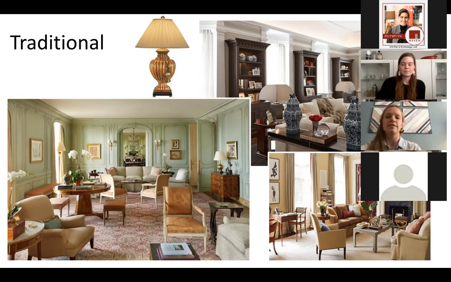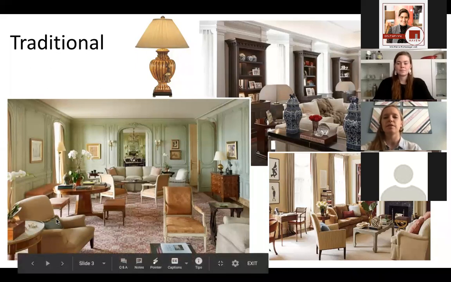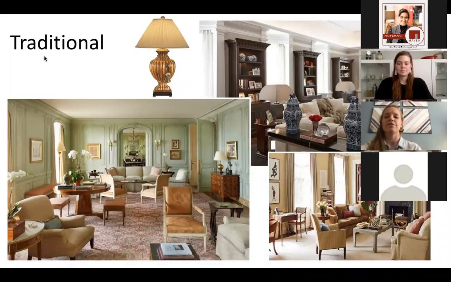The furniture is usually a little bit heavier with armchairs, button tufted pieces, and carved wood accents as the basic staples. So while this style can sometimes feel outdated, if balanced properly, it can actually feel really elegant and harmonious.